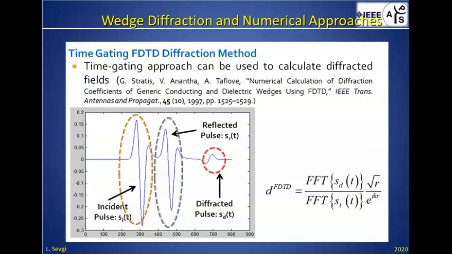After FFT, the diffracted field versus the incident field gives you the diffraction coefficient in two-dimensional space. So this is what we do in order to distinguish the diffracted field in the time domain and then get the frequency response. Next slide, please.